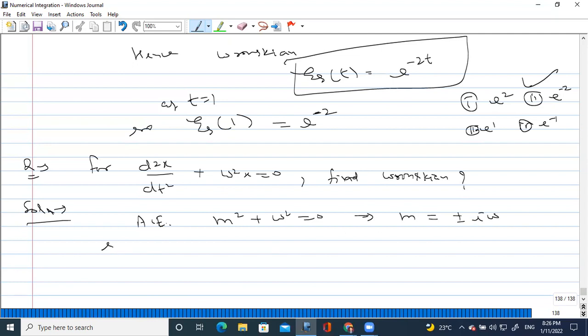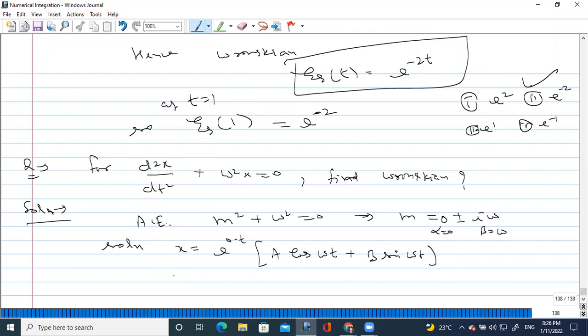So the solution will be x equal to e to the power 0 into t, because the alpha value is 0 and the beta value is omega, times a cos omega t plus b sin omega t. So this is the answer.